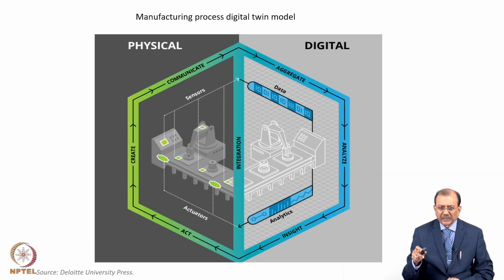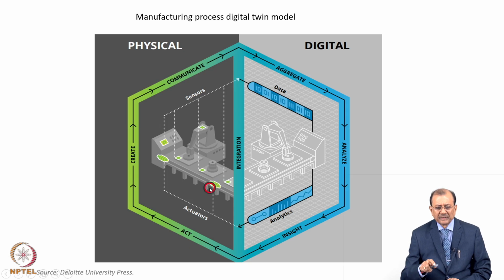Now, if you see this picture, we are seeing here on one side the physical object and on the other side the digital one. If we consider this as a machine, the machine has actuators and sensors, which we learned about when we discussed IoT and edge devices. Sensors and actuators are responsible for capturing data every moment, every millisecond from this physical object.